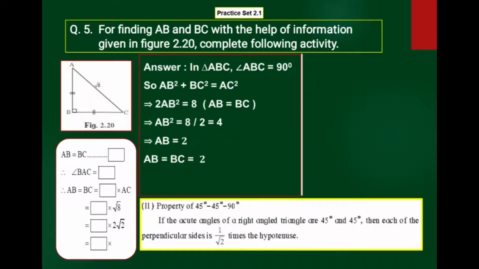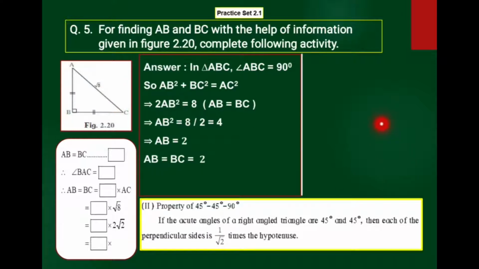Now we use the second property, that is the 45-45-90 degree property. If the acute angles of a right triangle are 45 and 45, then each of the perpendicular sides is 1 by root 2 times the hypotenuse. We know that the side opposite to 45 degrees is 1 by root 2 times the hypotenuse.